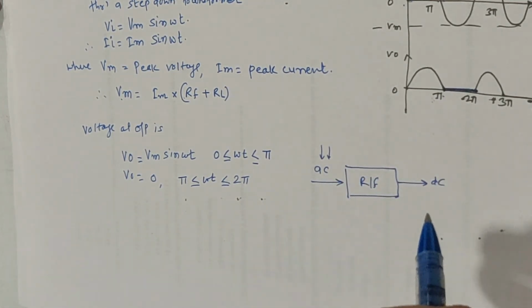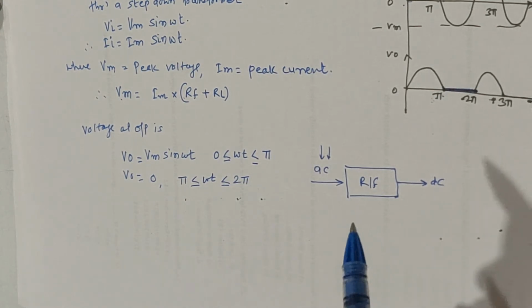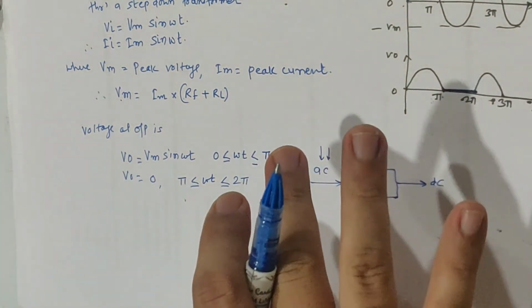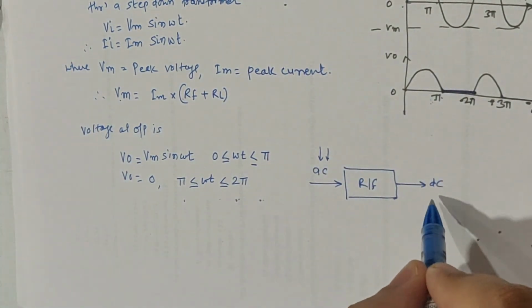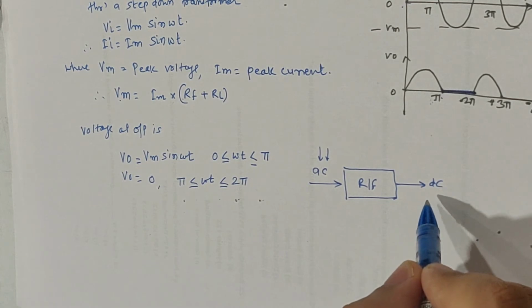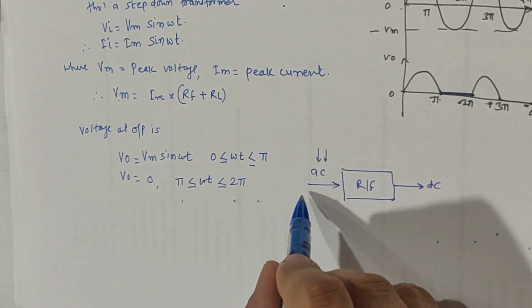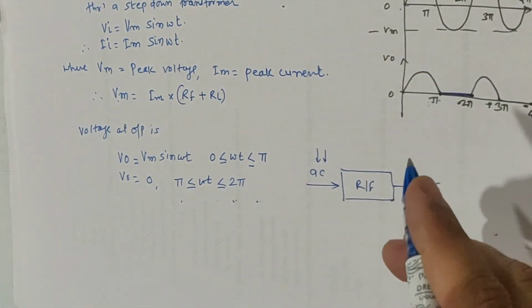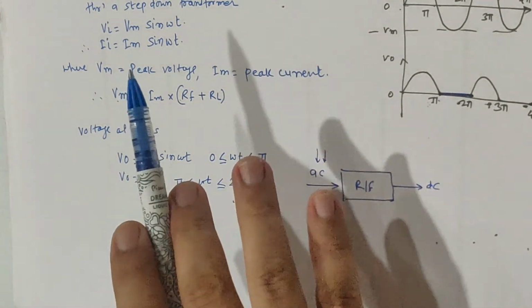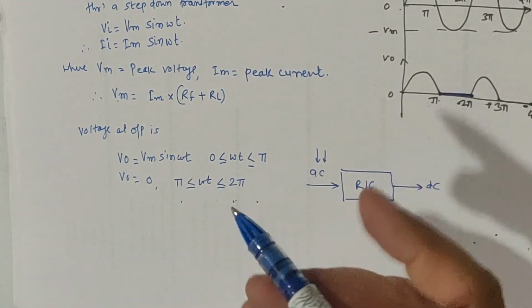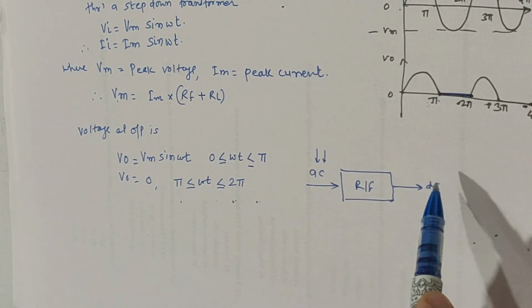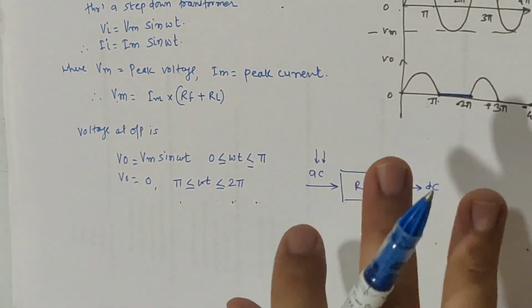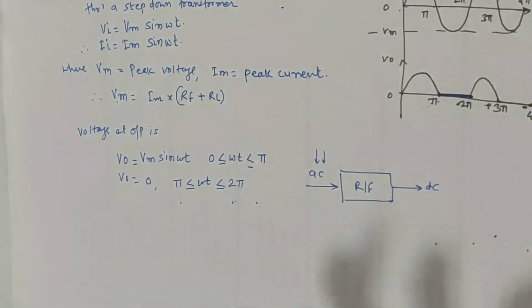So then we calculate the mileage. How do we calculate the mileage? We calculate its efficiency actually. We take the output, the kilometers, and divide it by the input, how many liters of petrol we have poured, and then we say it is the mileage or the efficiency. So if I want to analyze, I need to find the efficiency, meaning how efficiently the AC voltage is being converted to DC voltage by the rectifier, and that will decide how efficient this device is. For that purpose, analysis is required.